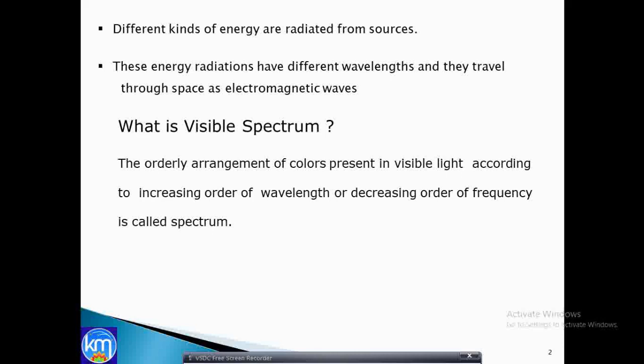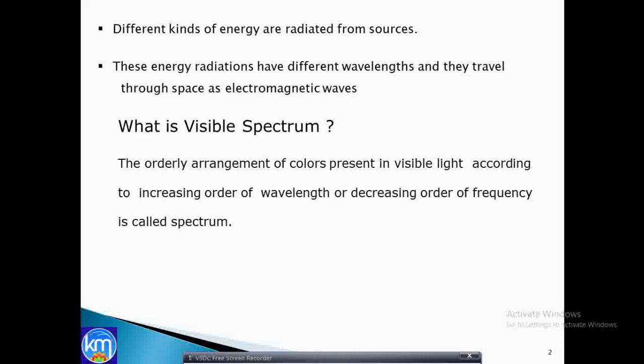We have different members in the electromagnetic spectrum. If you go in the increasing order of wavelength, the first member in the series is the gamma rays, X-rays, then comes UV, then visible, then IR, then microwaves and radio waves.